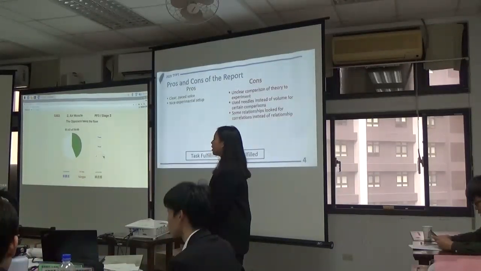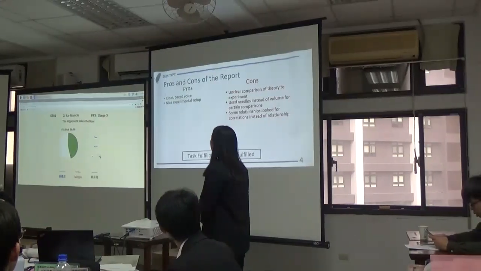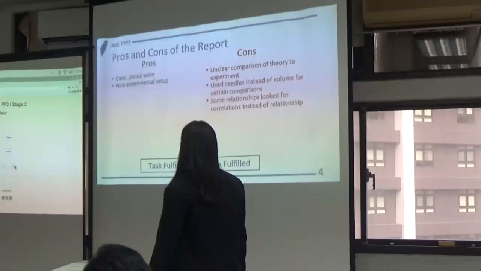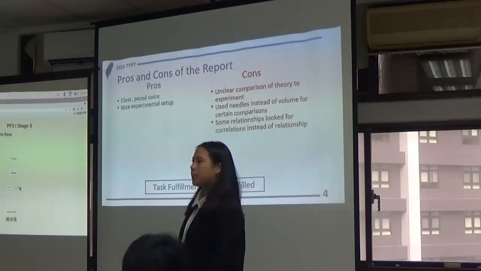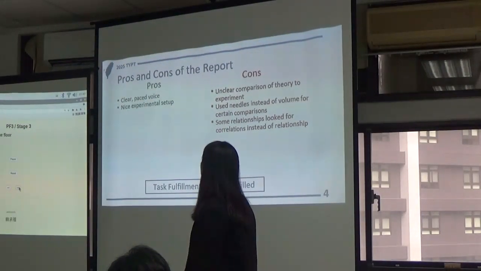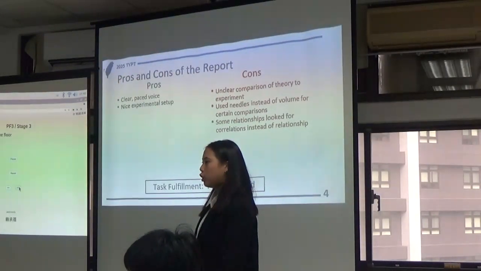So, pros and cons of the reporter. The pro is that the reporter had a clear paced voice and a nice experimental setup with relevant diagrams. But a con is that there's an unclear comparison of the theory to the experiment, and they used needles instead of volume for certain comparisons, which could account for some deviation.